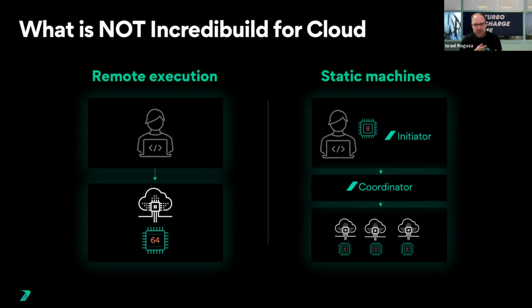And the second common way that we see is to use Incredibuild, but with static machines. This is mostly common in CI, perhaps in the build farm, when the customer has a coordinator and sets up a machine with the coordinator, takes a few static machines and installs our helper agent. And this is not optimal. And you know why?